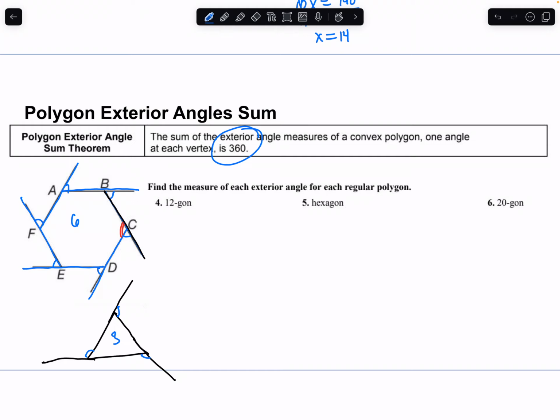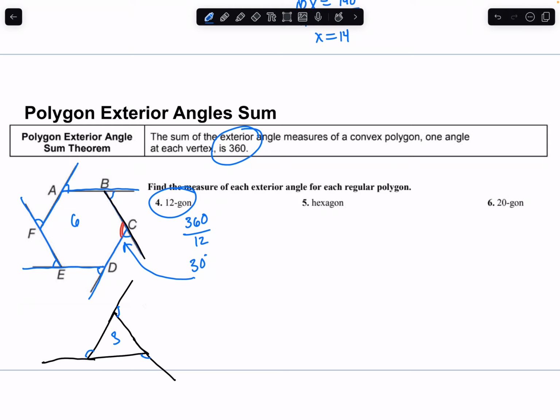To find the measure of just one exterior angle, I take 360 and divide it by 12. So I know that 360 degrees divided by 12 is going to give me 30 degrees each. So the outside, right, is 30 degrees for a 12-sided shape.